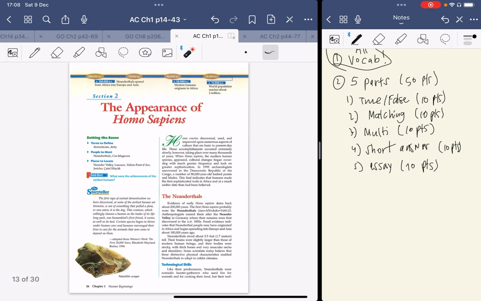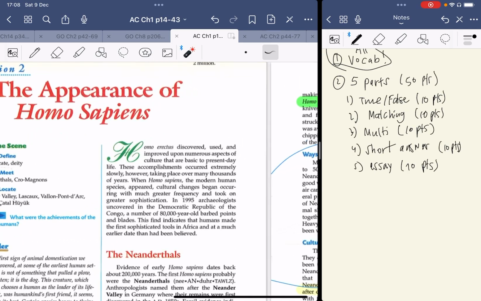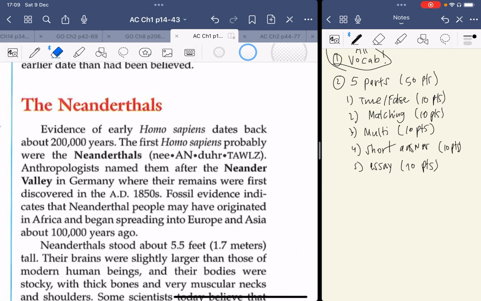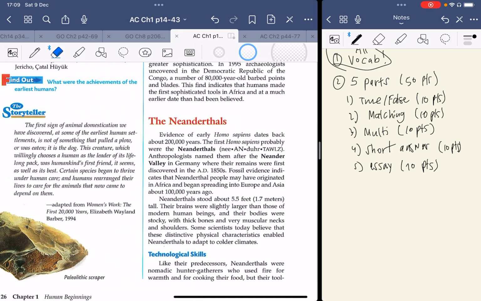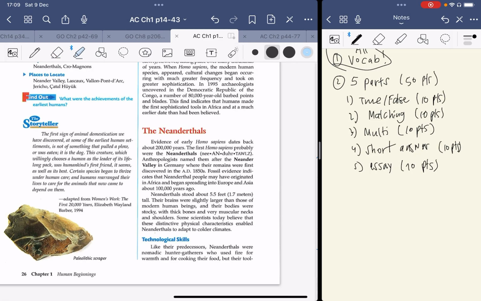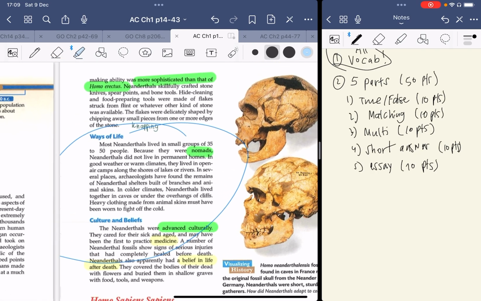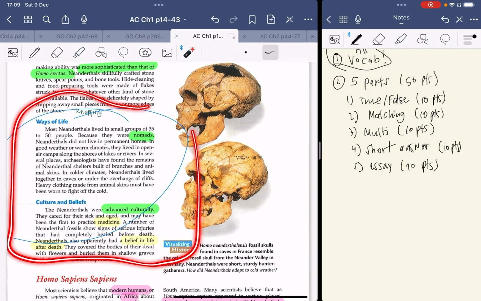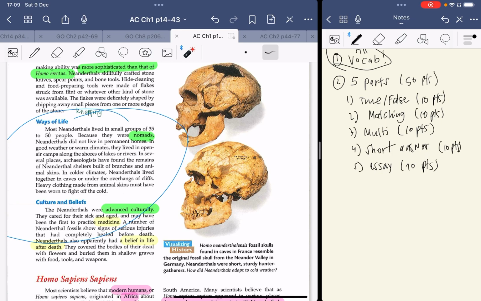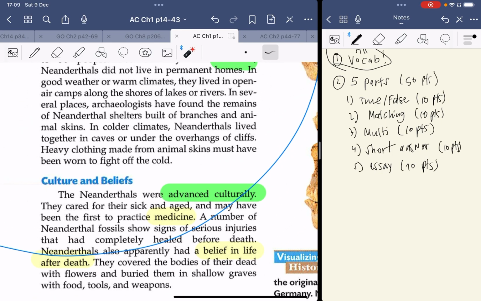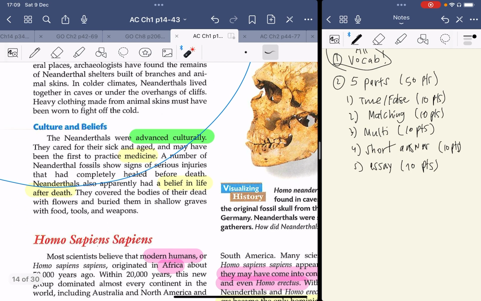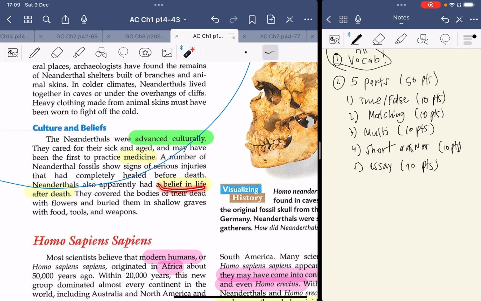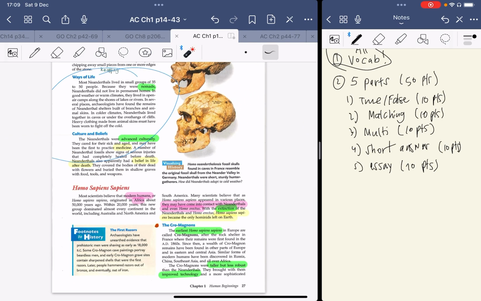All right. Next part, we need to look at section 2. So over here we have the Neanderthals. So for the Neanderthals, you still need to know the main idea for them, like where were they found, what are the evidences, but mainly please pay extra attention to these two paragraphs right here. So we have the ways of life, culture, and beliefs. So yeah, like they were nomads, what kind of weather were they in, what about their medicine, their beliefs in after death, the rituals they've done, all of those things.